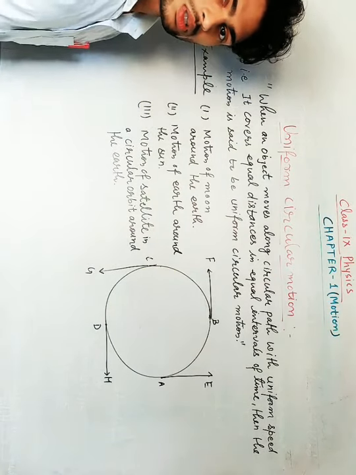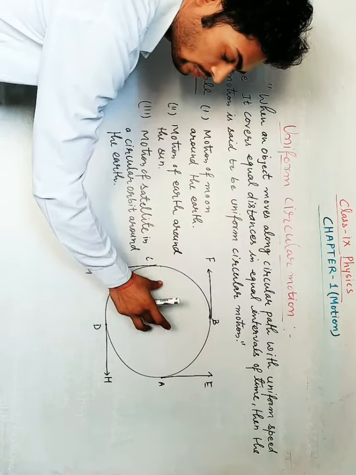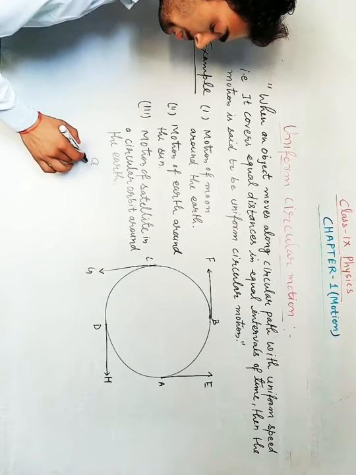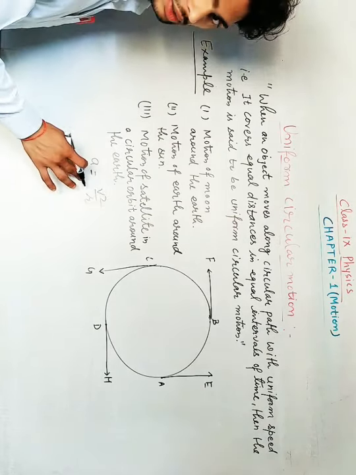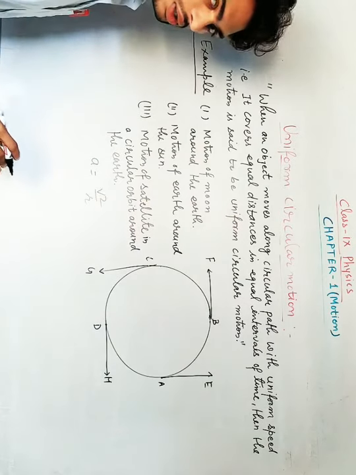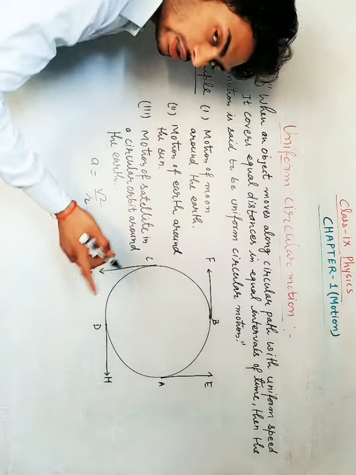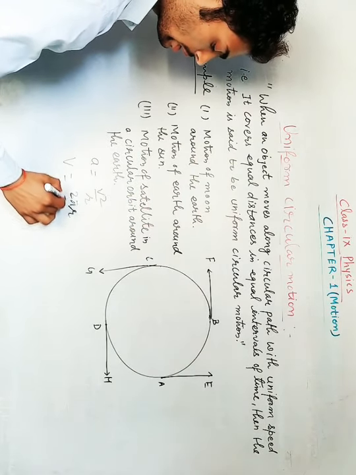This type of force is called centripetal force, and due to centripetal force, centripetal acceleration is produced. Centripetal acceleration is represented by A equals v square upon r, where v is velocity and r is radius. If any object moves in a circular path in time t, then velocity v equals 2 pi r upon t.